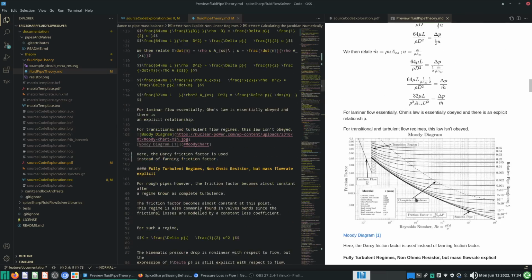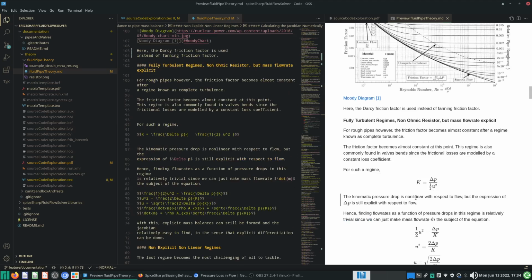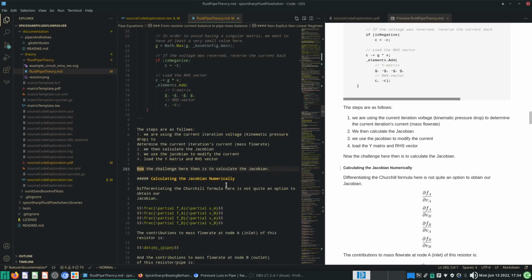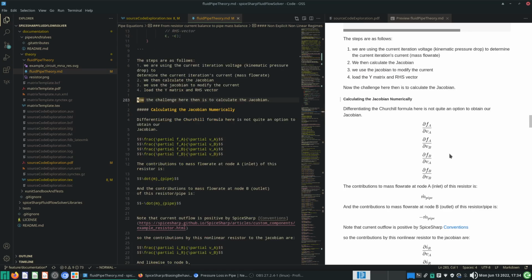That is essentially what this F here is. FA is the current balance over node A, and FB is the current balance over node B. So this F is the sum of all the currents.